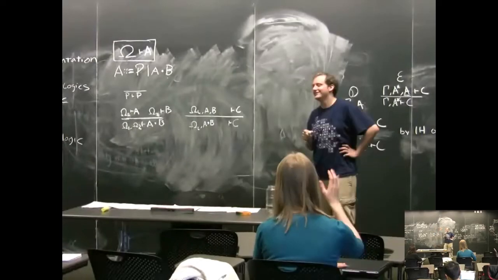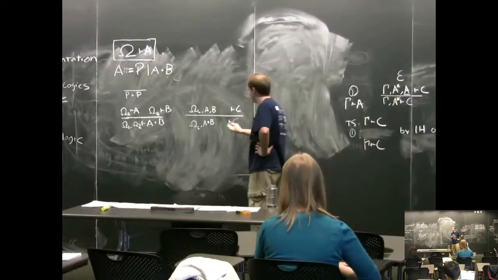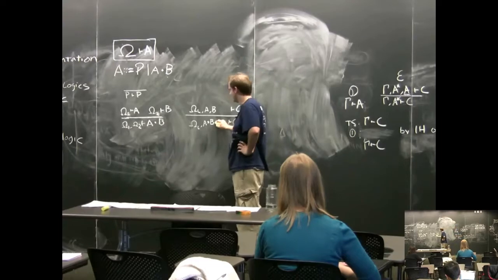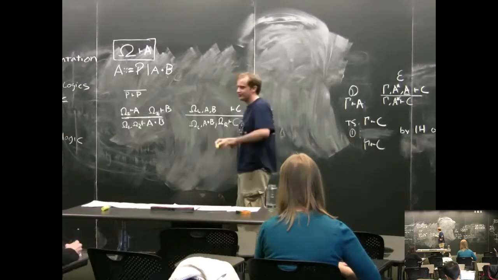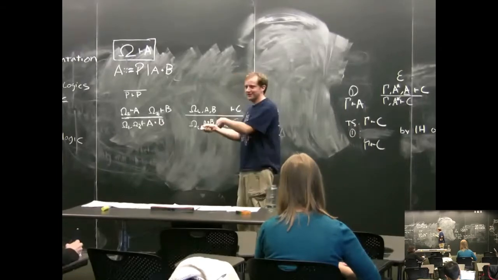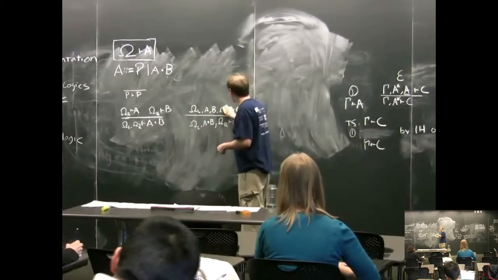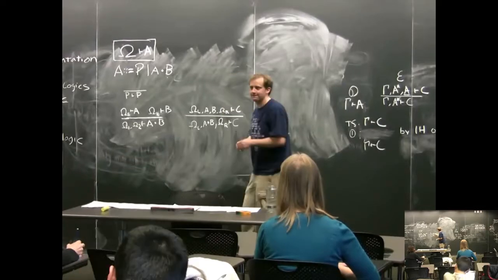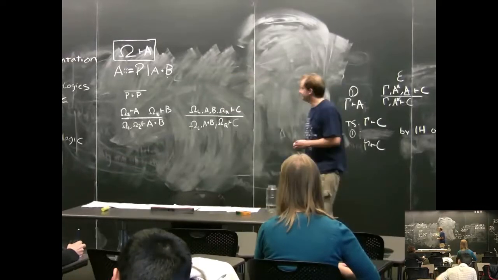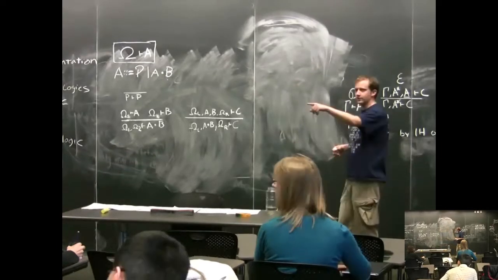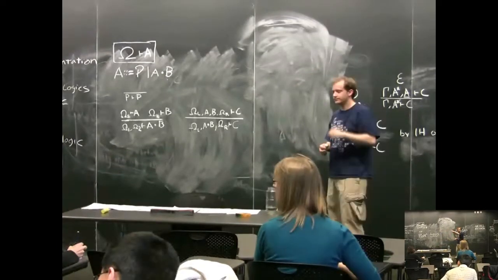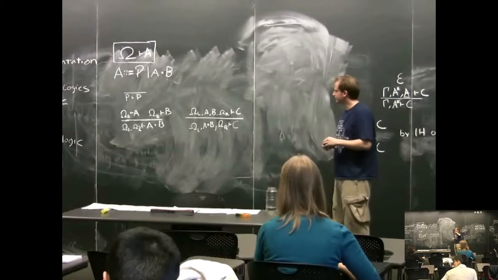So that's close. Why is that not quite right? Because you want to be able to do it on A conjunction B, wherever it is in the context. Right. We don't have exchange anymore, so we can't just exchange something to the front like we did in Gentzen's system. We need to let this happen at any point in the context. Does B maybe need to be after the omega r in the top one?